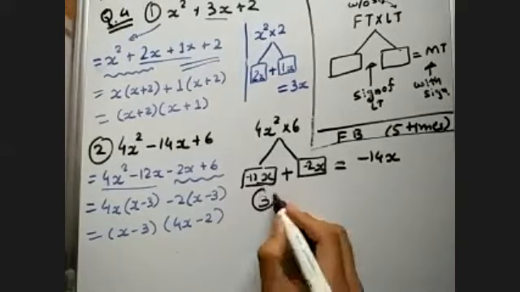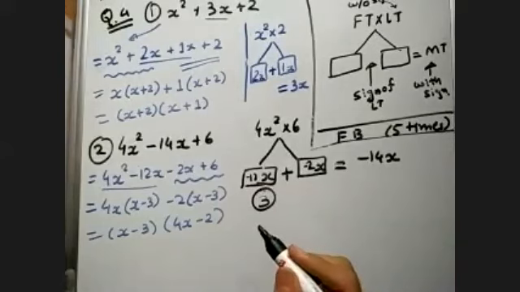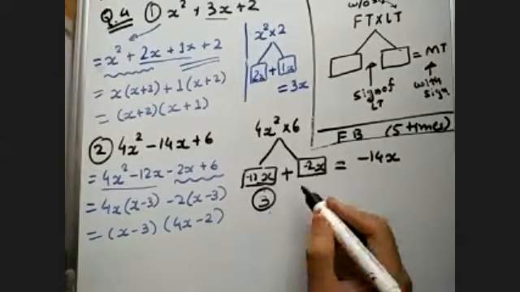Question number 3 or third part of question 4. 5x square plus 11x minus 12.